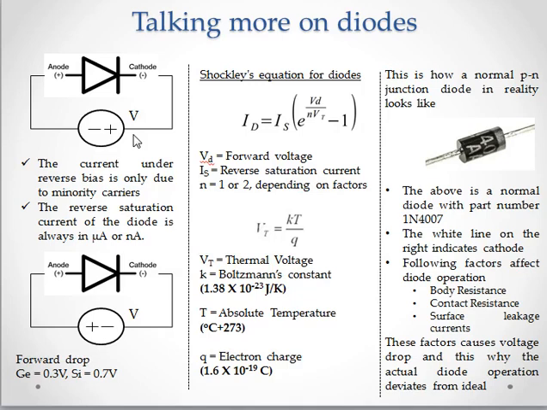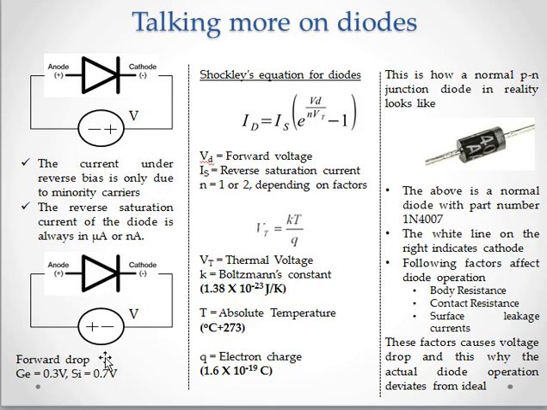That amount of current which flows is very minimal, in microamps or nanoamps. In the diode data sheets you can see these values. When it comes to forward, generally the diode forward drop is 0.3 volt with germanium and 0.7 volts with silicon. These are the standard values for germanium and silicon diodes.